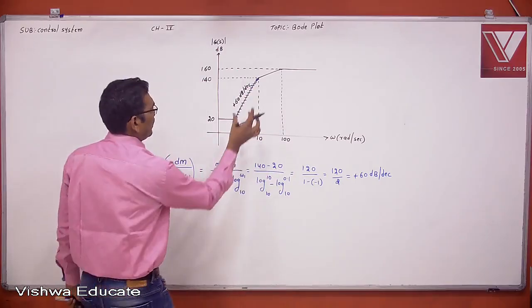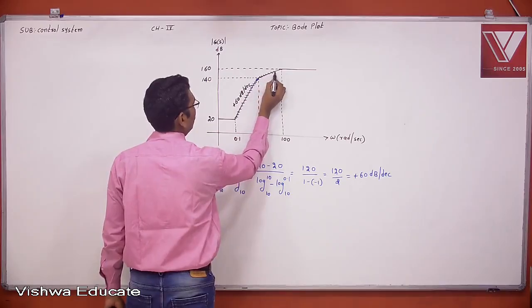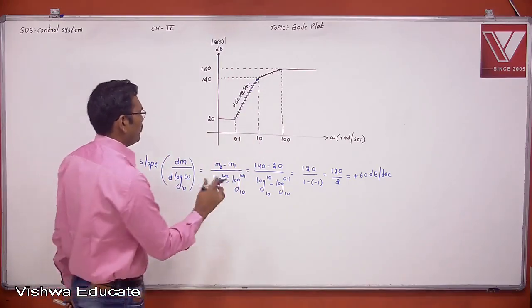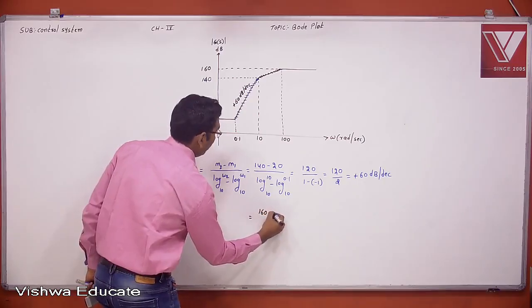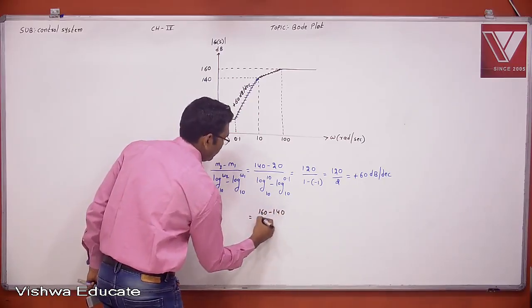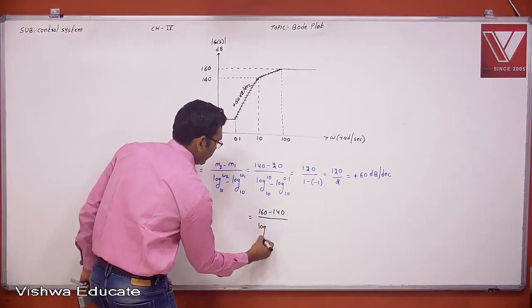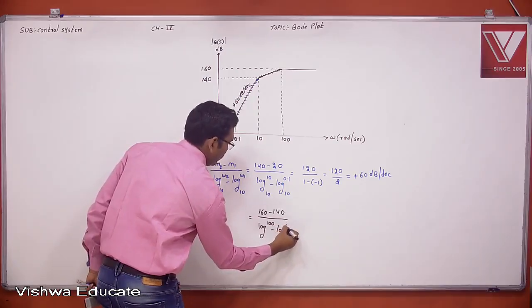But now this line's slope is also not given, so you find the slope of this line also. Again, change in y-axis. What is the y-axis change here? 160 minus 140, by change in x-axis, log 100 minus log 10.